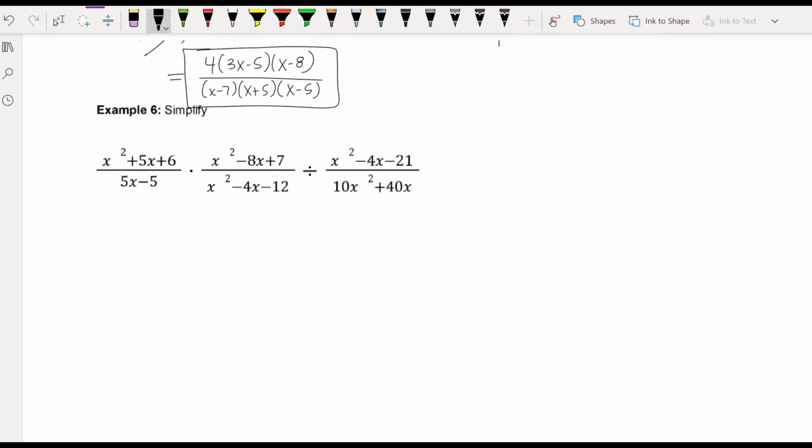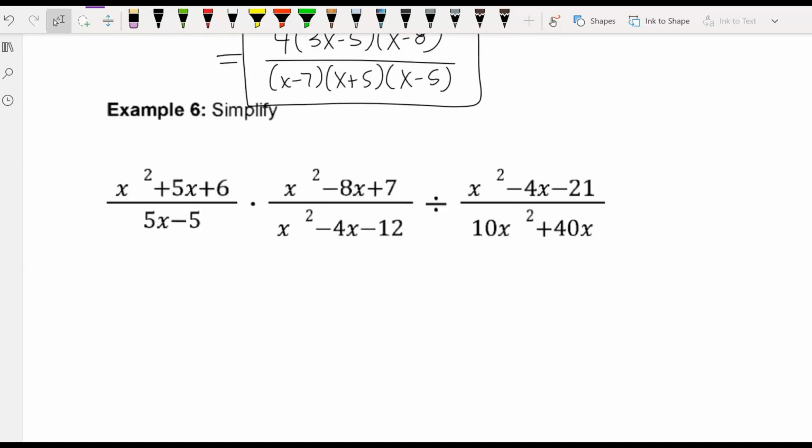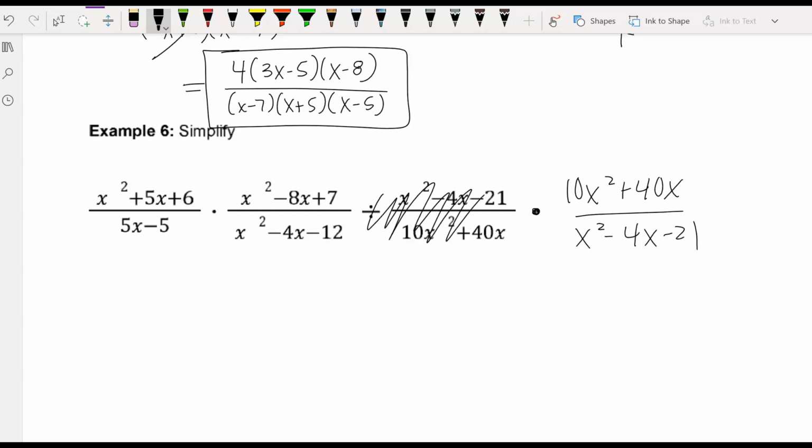All right, and our last problem. So we have that division at the end. So I'm just going to write it over here as (10x² + 40x)/(x² - 4x - 21), just so I don't have to write all of that out again. All right, now we factor. We look for GCFs first.